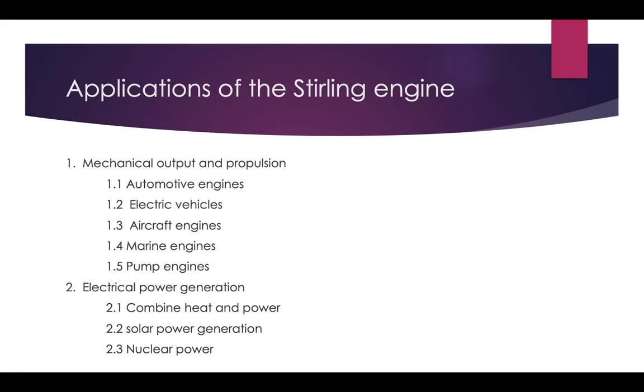So next is the application of Stirling engines. Firstly, it can be used in automotive engines, electrical vehicles, aircraft engines, marine engines, pump engines, and it can be used in the power system, in solar power generation, nuclear power, combined heat and power.